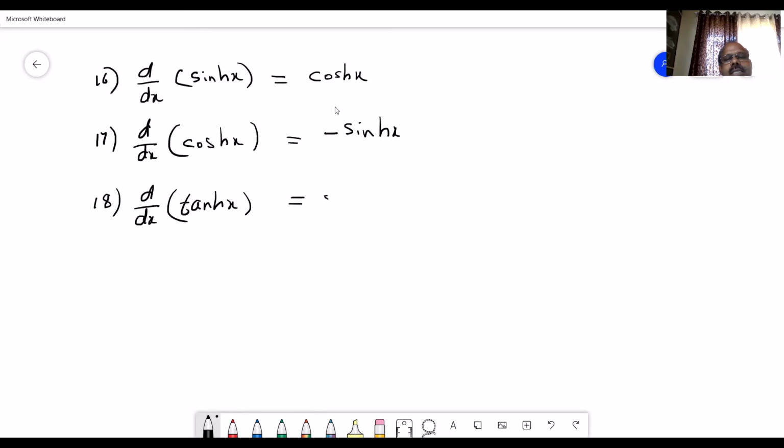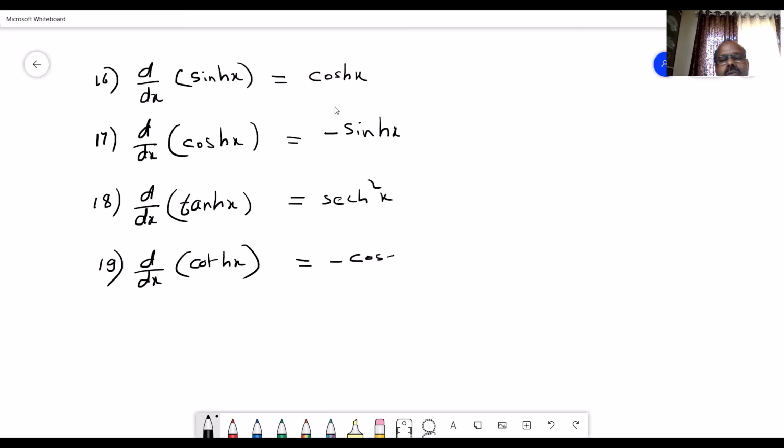What was it? Sec h square x. And dy by dx of cot hx. These are similar to the circular function formulas; what we have done there, the same thing comes here also.